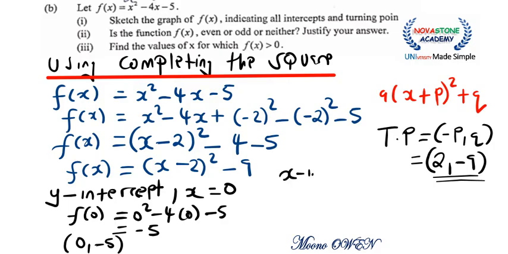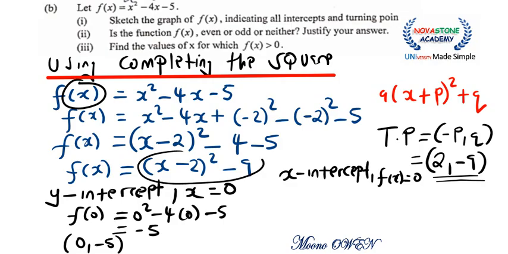X-intercept. Now on the x-intercept, we know that your y or your f of x is equal to 0. So our f of x is equal to 0 on the x-intercept, which is the same case as when we were solving here. If we solve, we're going to reach where we reached before. So basically that's what I'm going to do. I'm just going to replace f of x here by 0.